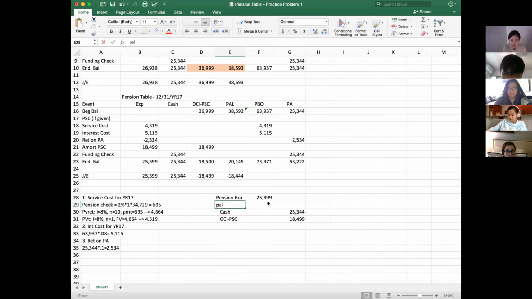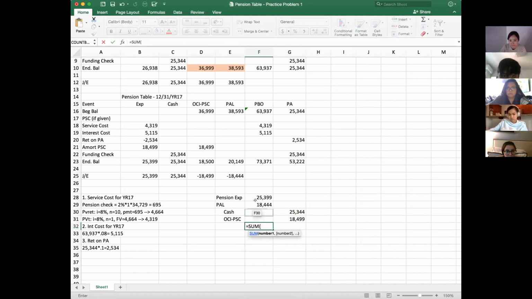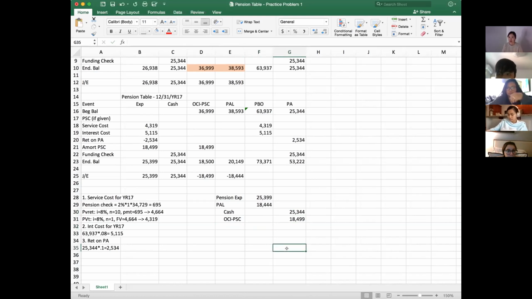Debit plan asset or liability for 18,444. Yes, it balances. So that will be the journal entry for year 17.